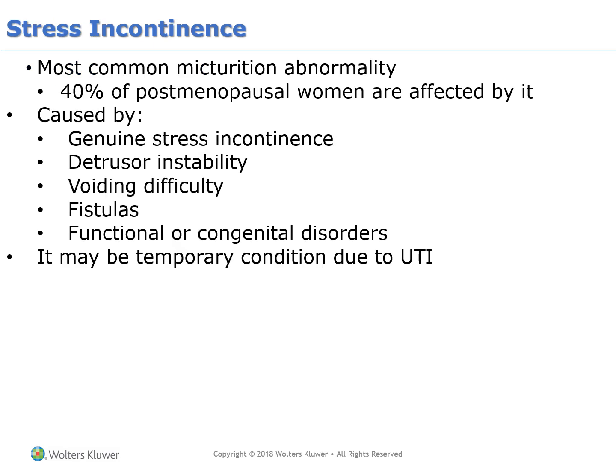Stress incontinence is becoming more of a topic of study recently, but it's the most common micturition abnormality. We talked about it a bit in class. 40% of postmenopausal women are affected by it.